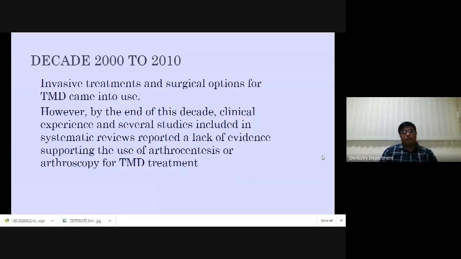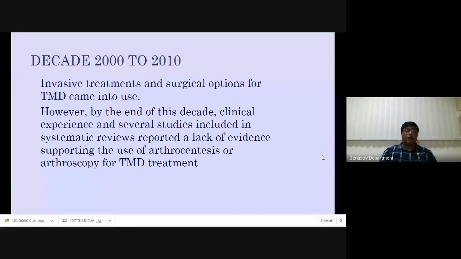From 2000 to 2010, invasive treatments and surgical options for TMD came into use: minimally invasive treatments like TMJ arthrocentesis, arthroscopy, and open TMJ surgeries, discectomies, disc replacement, and sometimes whole joint reconstruction.